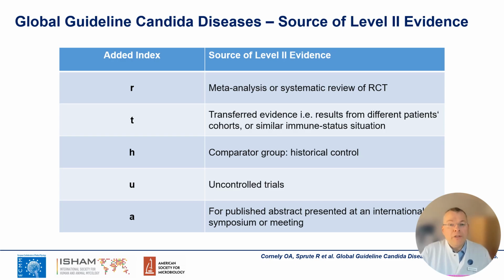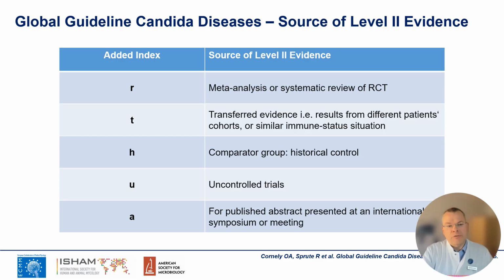Then T is transferred evidence. We may have a clinical trial in adults, but 17-year-olds were not enrolled. So how do you decide on adolescents? You would use guidance from the clinical trial that was done in an adult population, but that would be transferred evidence.